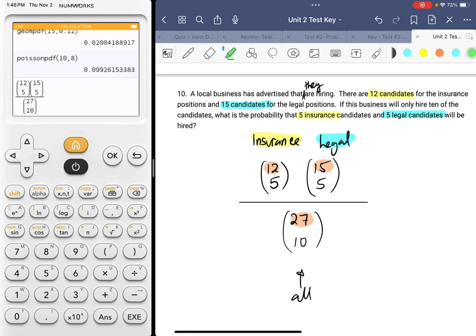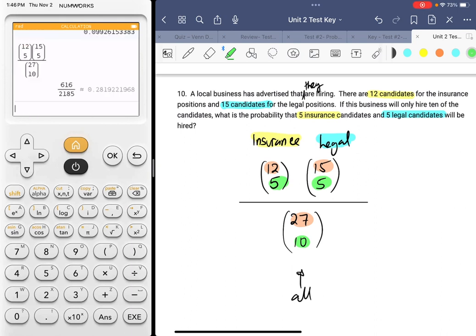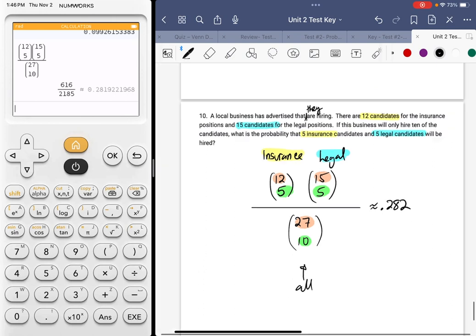Just like this number is the sum of these two values. So once you have the top, you pretty much have the bottom too. All right, so we're looking at about 0.282, something in that neighborhood. All right, and so that's all she wrote.